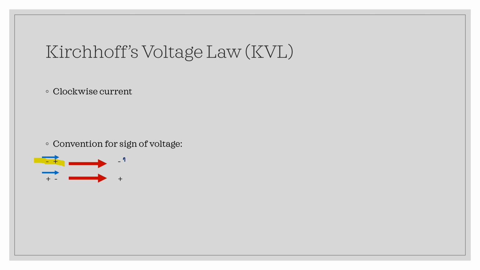So our voltage would be a minus. When the current is passing plus to minus, we apply a plus sign to the voltage value.